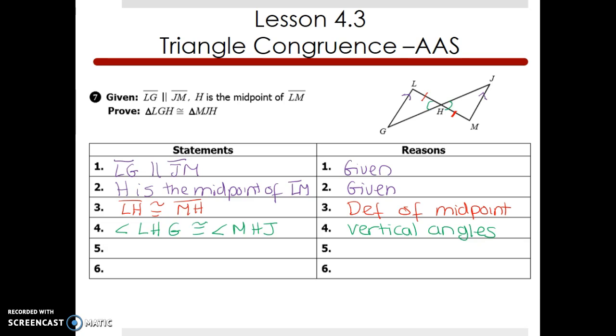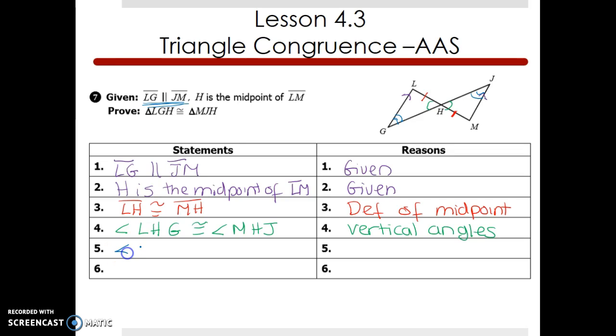Next thing is we have another given that we haven't used, and that is it's parallel. So if it's parallel, we know that this angle and this angle have to be congruent.